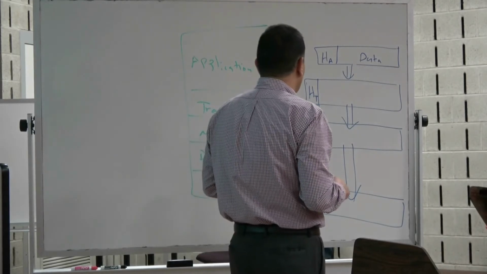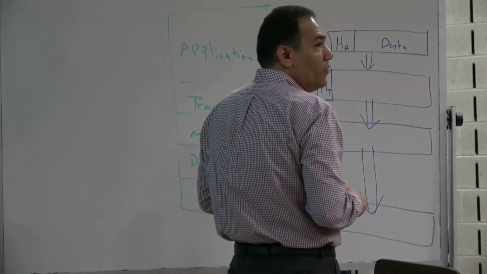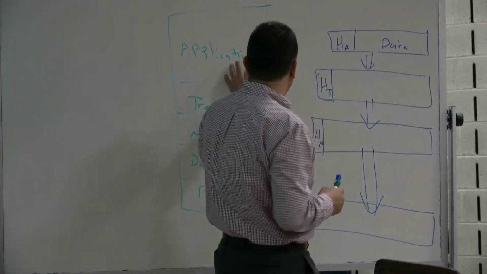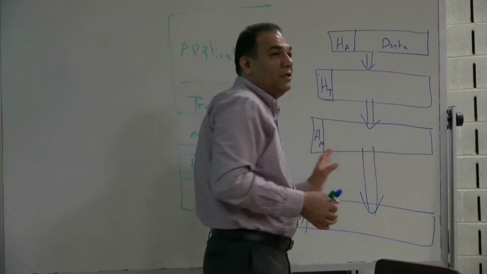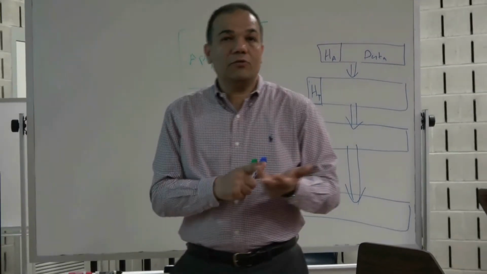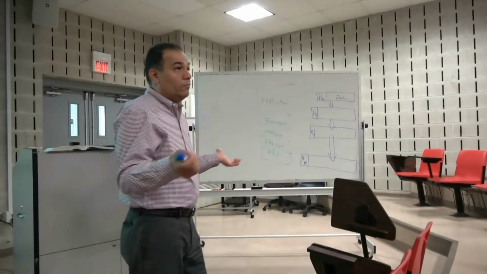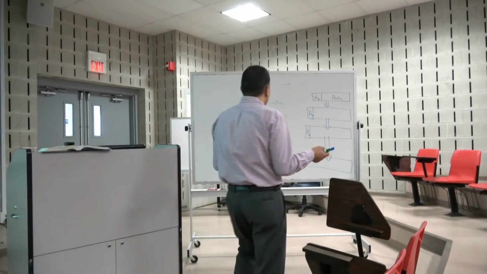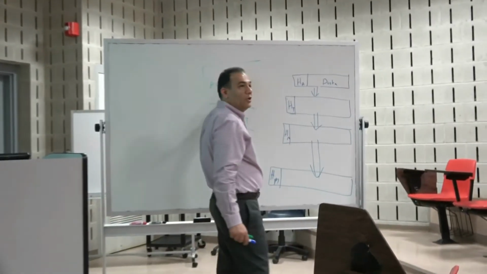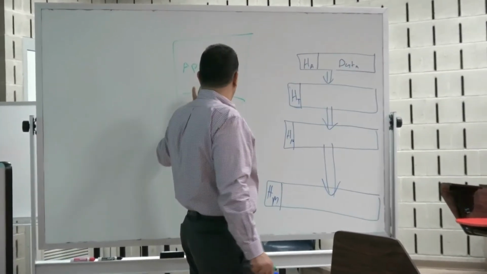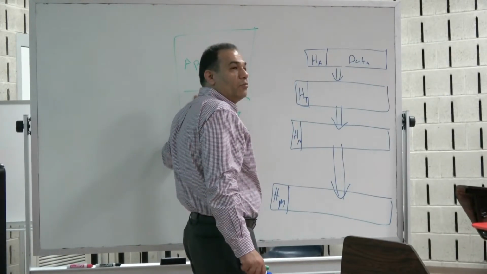We need to provide security, so at each layer we could change the data to secure it in terms of authentication, in terms of encryption for privacy, for different things. You could have security at the application level, and at the transport level.